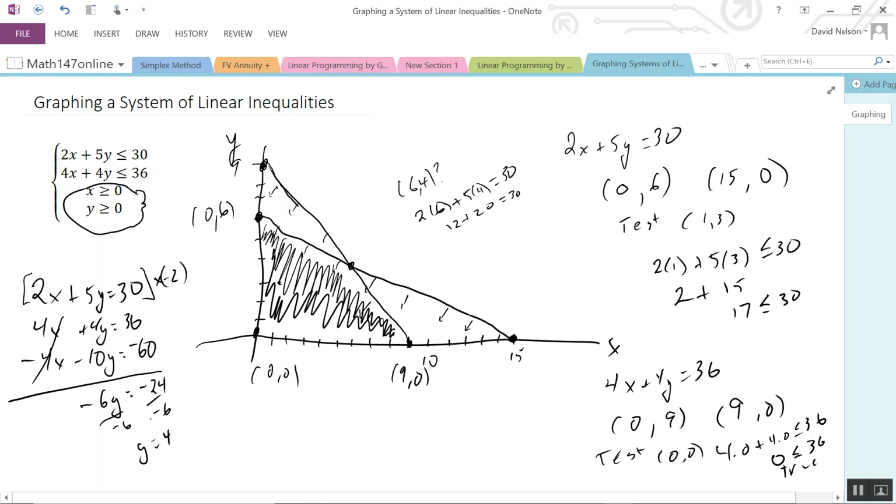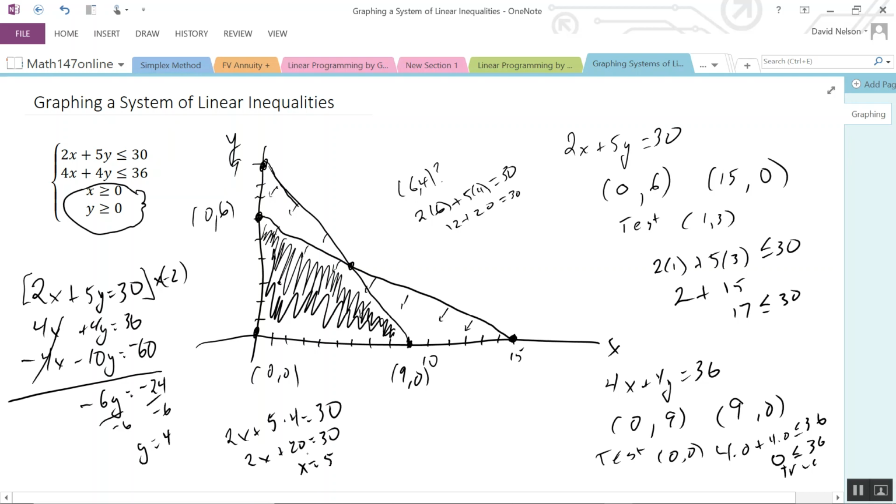But I can take that 4 and plug it into one of the two equations and find out what x should be. So how about just the top one: 2x plus 5 times 4 equals 30. 2x plus 20 equals 30. It looks like x should equal 5.